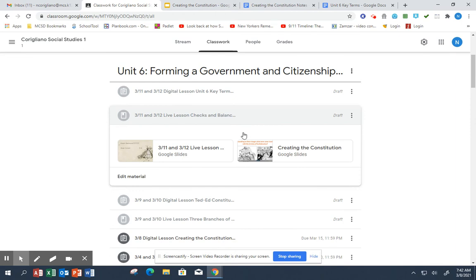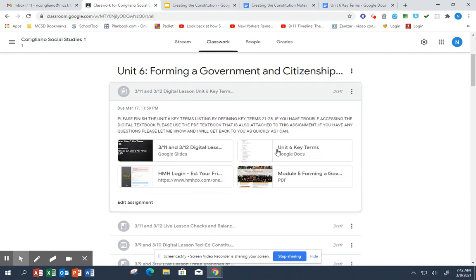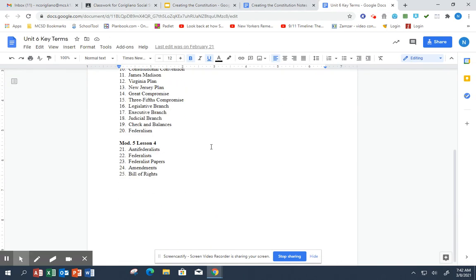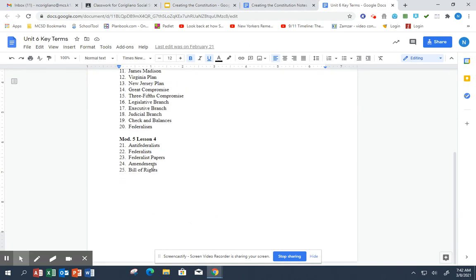For Thursday, Friday, we're going to talk about checks and balances, and how the government balances power and the 3 branches balance each other. And then for the digital lesson, you're going to work on the last section of key terms, 21 through 25. There's no reason you shouldn't be able to finish this Thursday, Friday, so that you have no homework over the weekend.